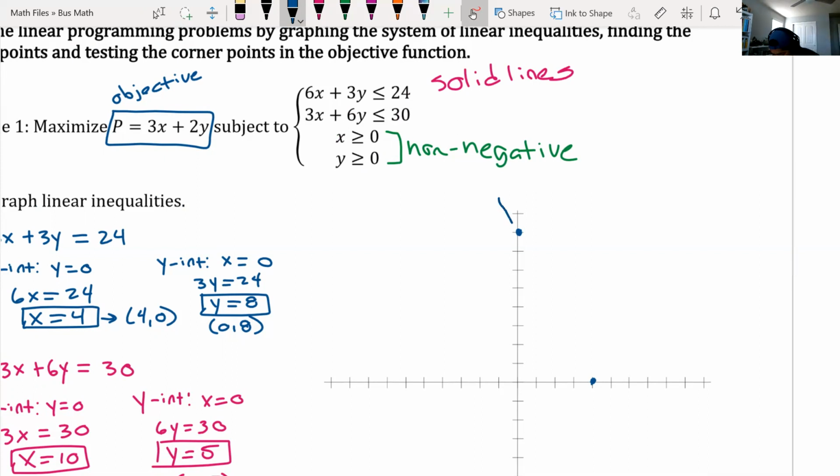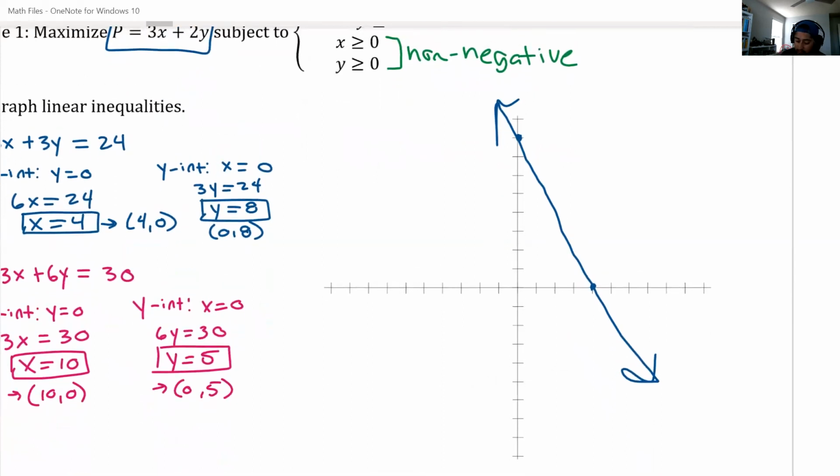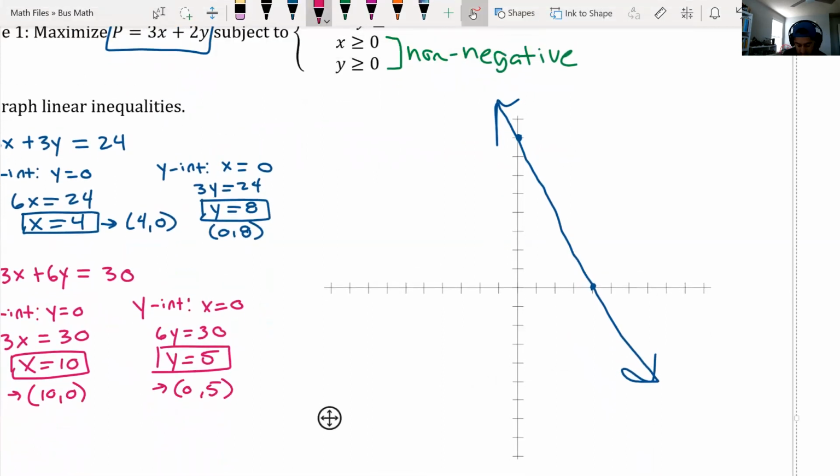However straight you can get it. There we go. It's gonna work for now. So there's the blue line. And now we'll do the red line. So I have an intercept at (10, 0), 1, 2, 3, 4, 5, 6, 7, 8, 9, 10, right here.